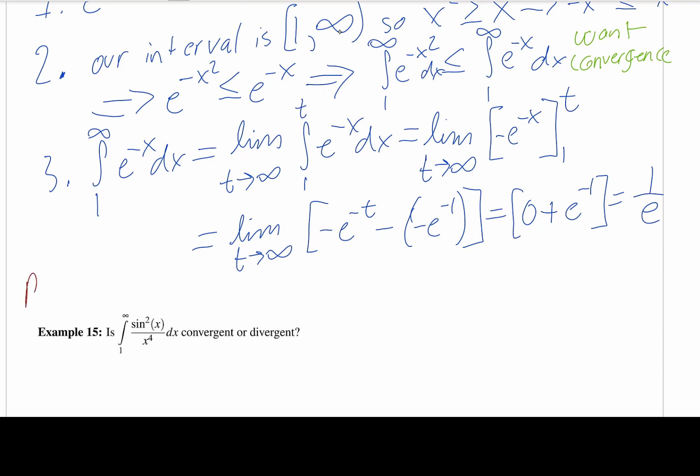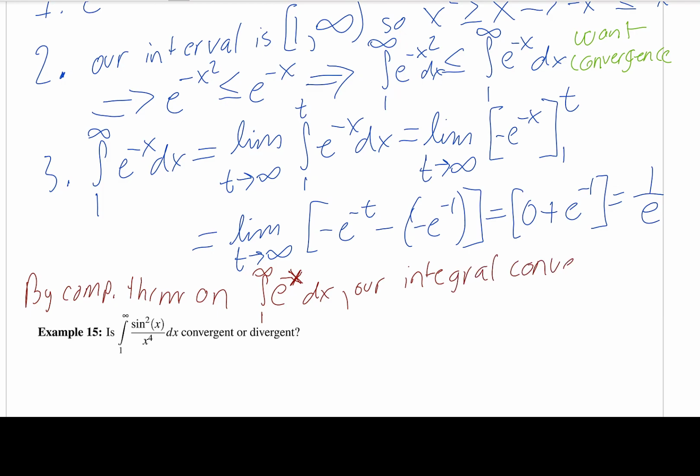So what we know is by the comparison theorem on the integral from 1 to infinity of e to the negative x dx, our integral converges.